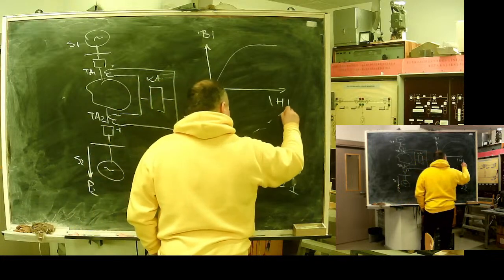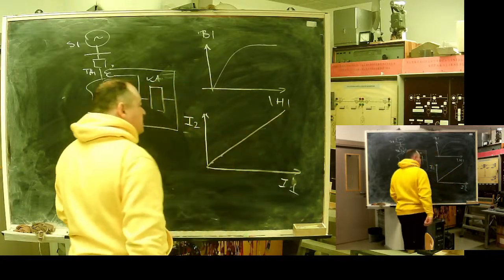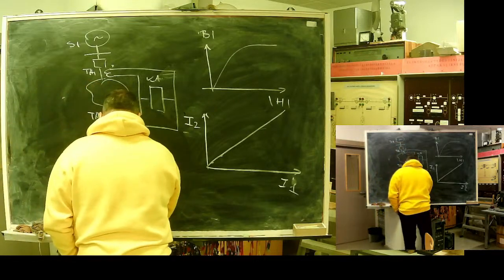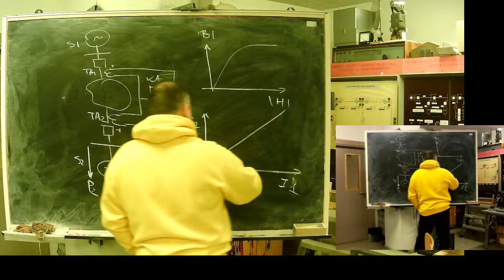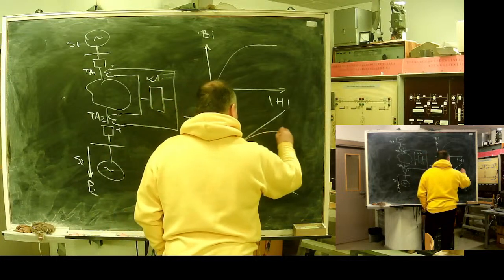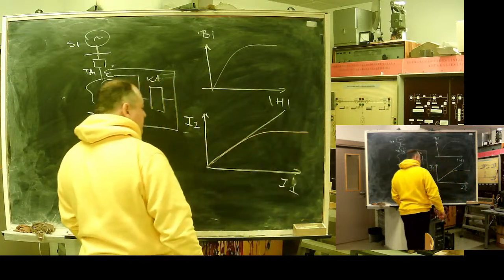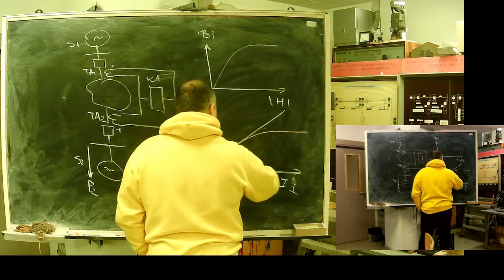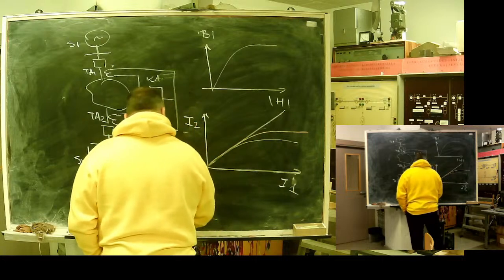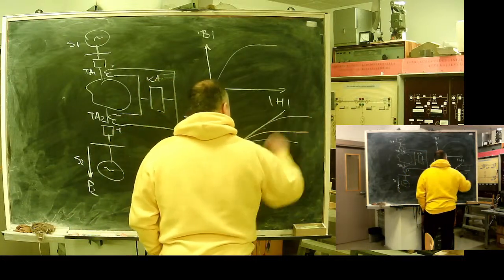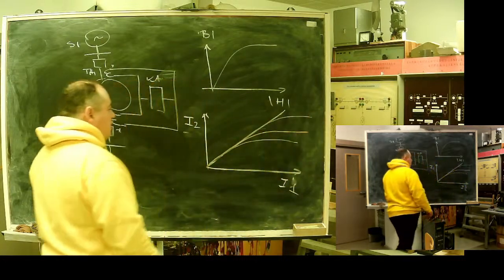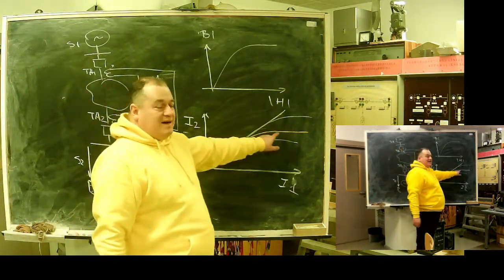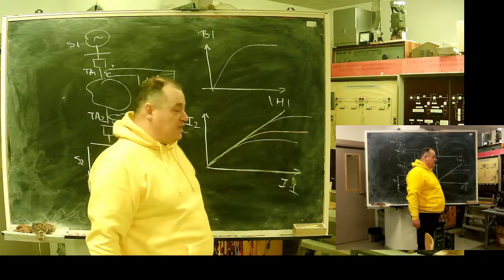For an ideal transformer, it should be a straight line. In reality, because of saturation, we will see something like this. Depending on load and saturation, the 10% error point moves, but anyway, it's a real thing what we see.